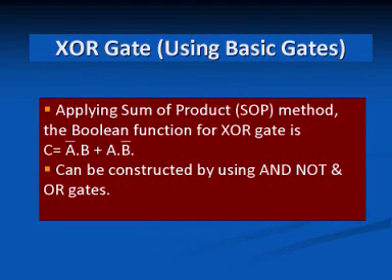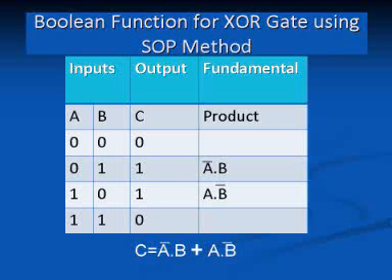Now we will apply sum of product, that is SOP method, to the truth table of XOR gate and determine the Boolean function as A bar into B plus A into B bar, thus representing XOR gate in terms of basic gates. Let us derive the Boolean expression for the truth table of XOR gate using the SOP method in the following manner. First, write fundamental product terms against each cell in the output column where C is 1. To write a fundamental product, the inputs A and B are taken in product.